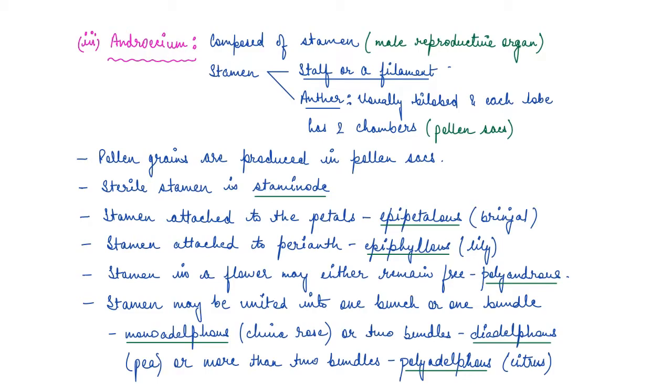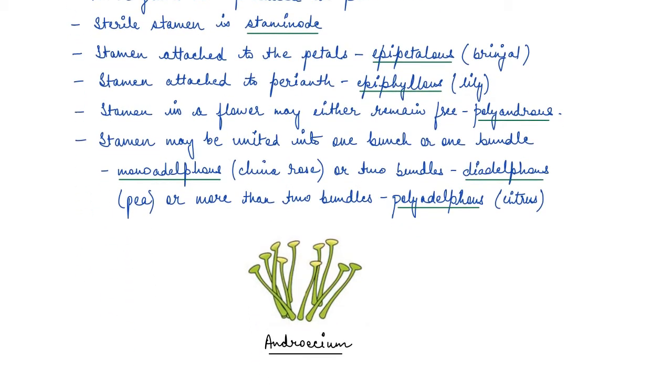Now, sometimes it can be united into more than two bundles, and that is polyadelphous, and that happens in citrus fruits, right? So, there may be a variation of length of filament as well. Like within a flower, there might be different stamens wherein the length of filament might be different, and that happens in salvia and mustard plant.